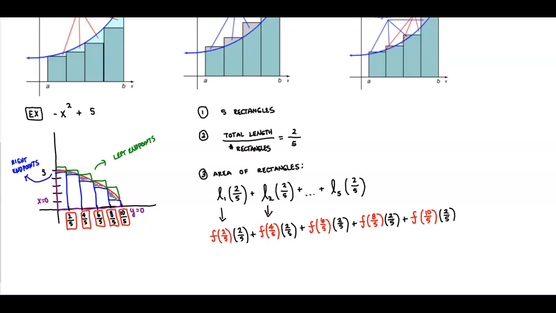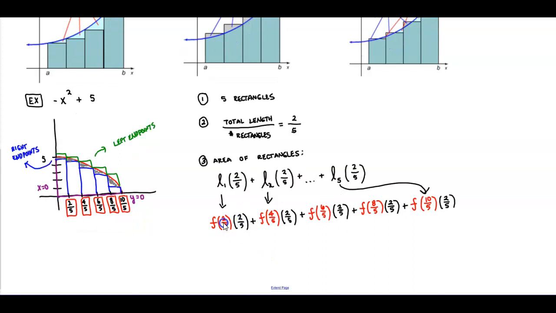So again, this is what that represents. All right, so now that we have that, we need to plug 2/5 into the function. So we're going to put in 2/5 for x, square it, multiply by a negative, and then add 5. So we take f of 2/5, and then we plug it in for x, so negative 2/5 squared, and then we're going to add 5.